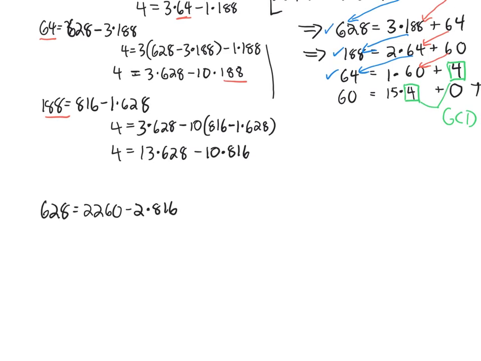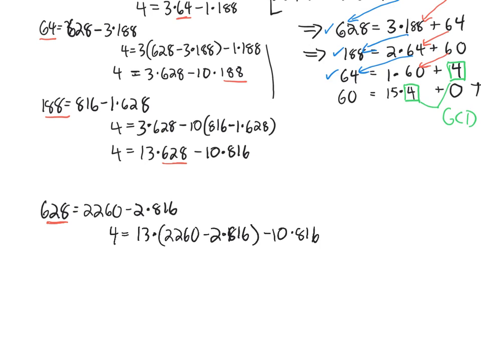So we'll substitute that back in. And we get that 4 is, well, here is our 628. So we will substitute that. So we get 13 times, oh, wrong color, 13 times, well, 628 is 2260 minus 2 times 816 minus 10 times 816.